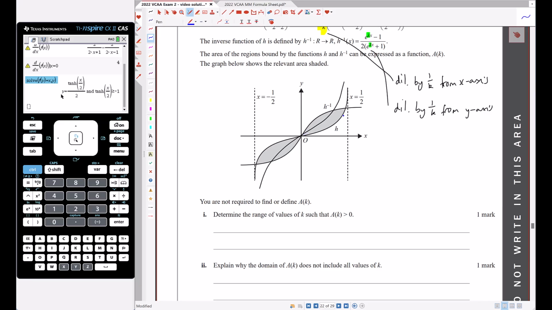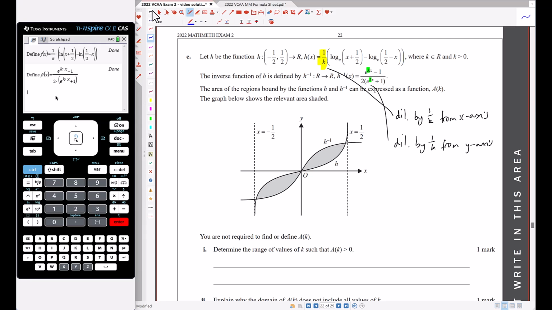So it's going to look more like this. And we're going to find that the area amount gets smaller. And so therefore there'll be a point where this one will move away such that this happens, and this one will move away such that this happens, and then there's actually no area between them. And so you're going to get weird things happening with your A of k function depending on how that's been defined.